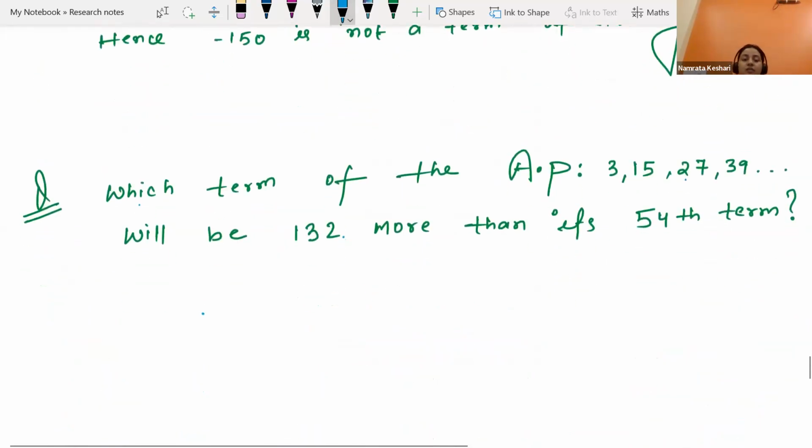So let me write a54, the 54th term. You can write it in a bracket.